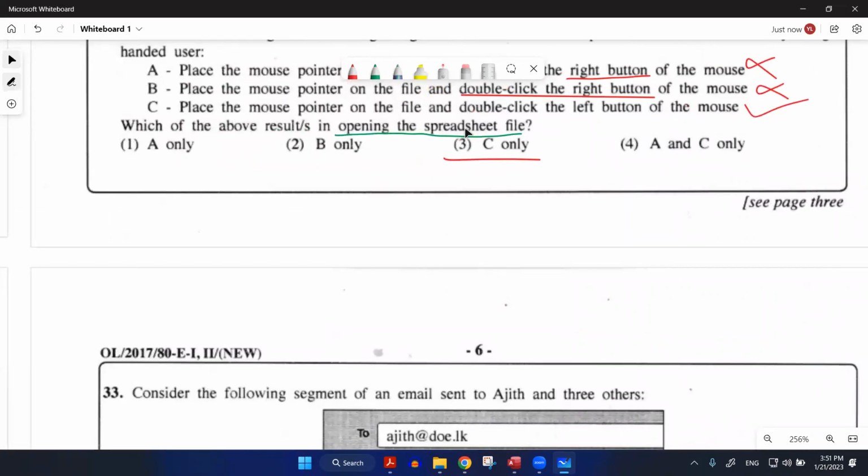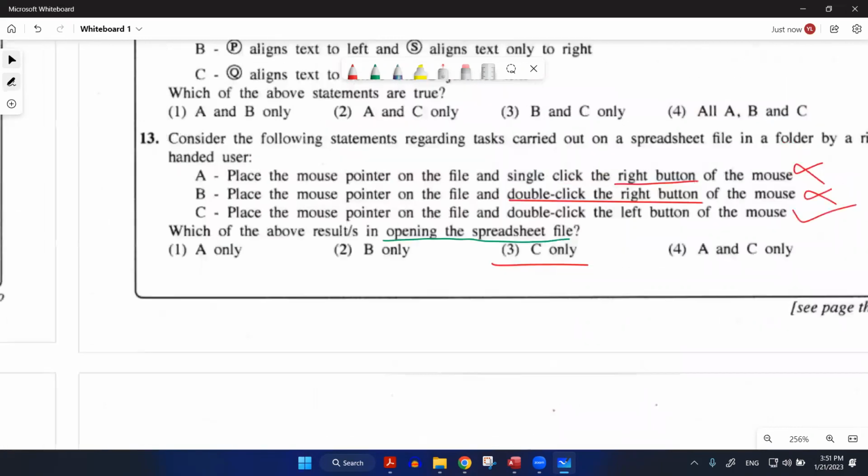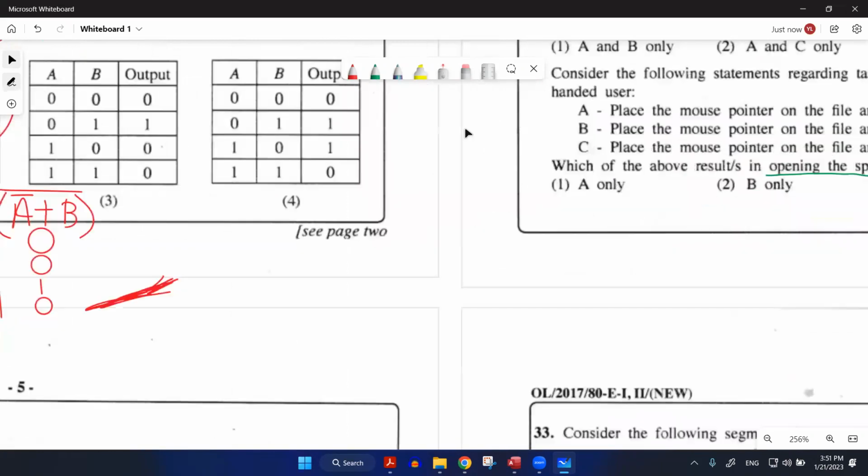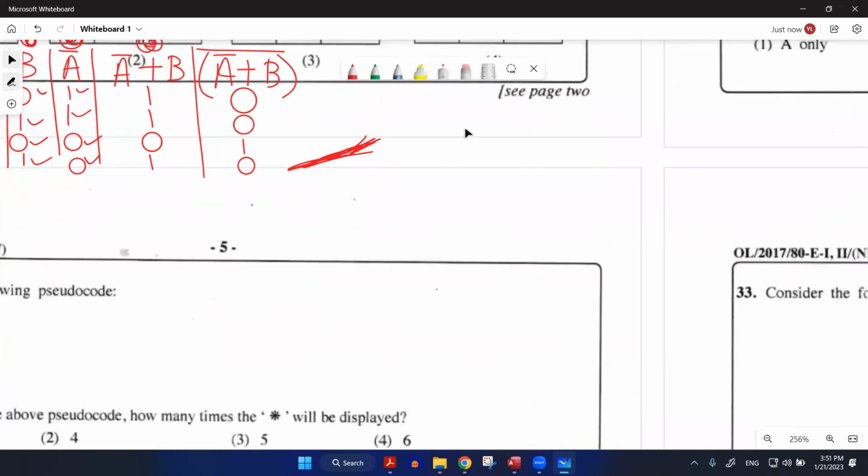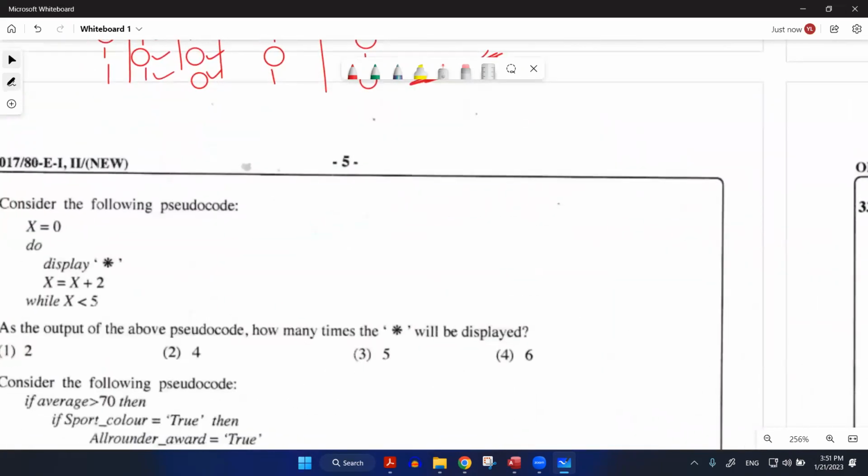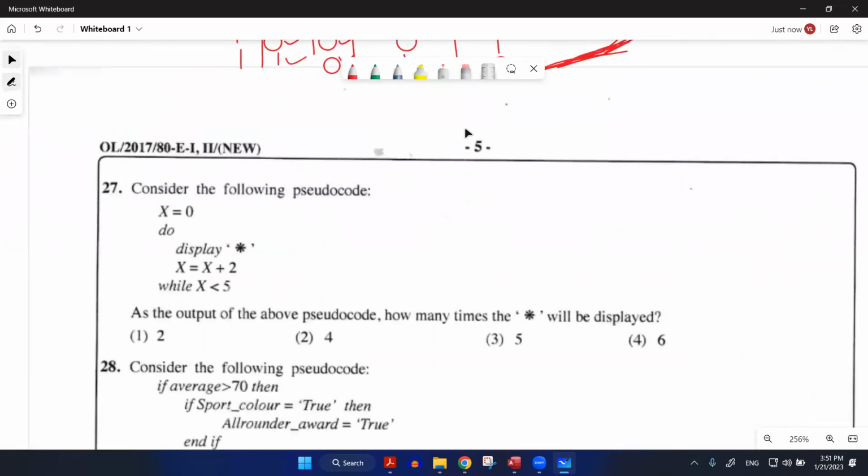I'm not going to give this to you. Okay, 27th.